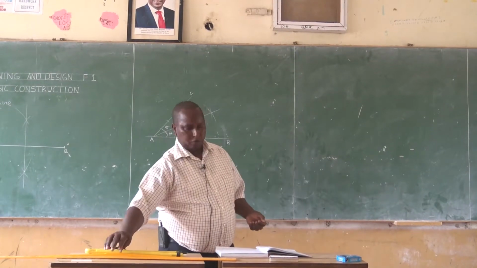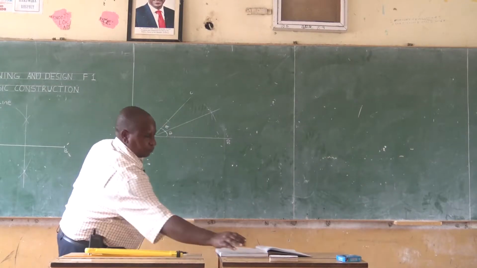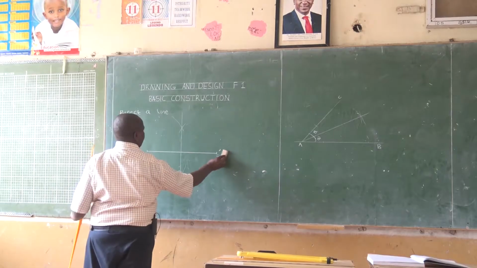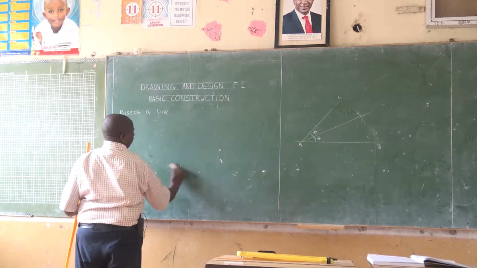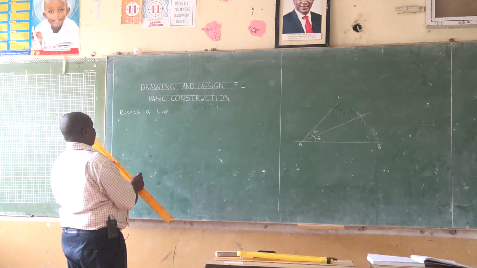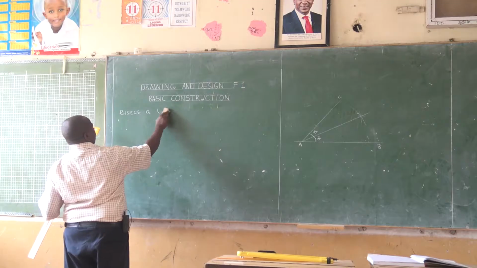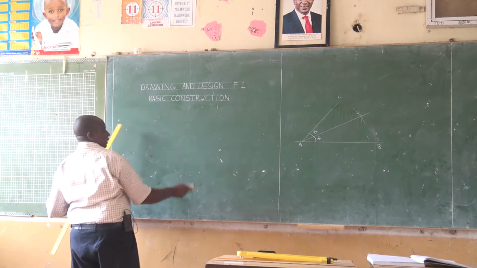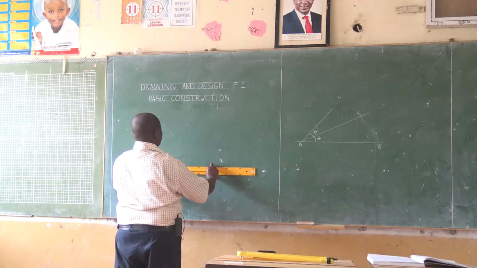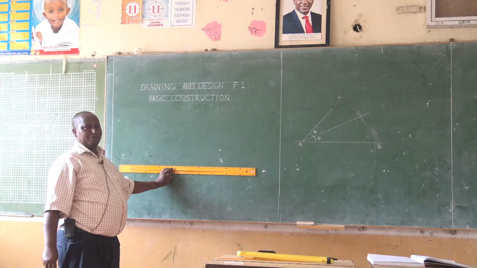Also, we do know how to construct a few angles. We can construct an angle of 45 degrees, an angle of 60 degrees, and an angle of 90 degrees, and they are supplementaries and complementaries.